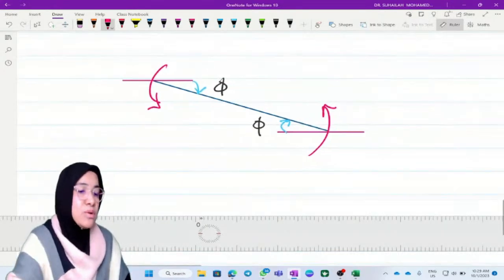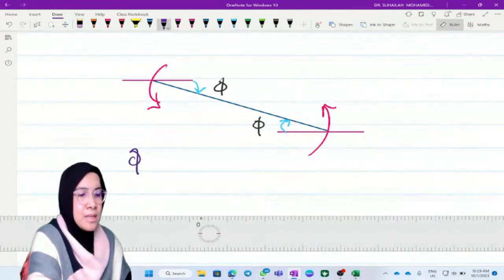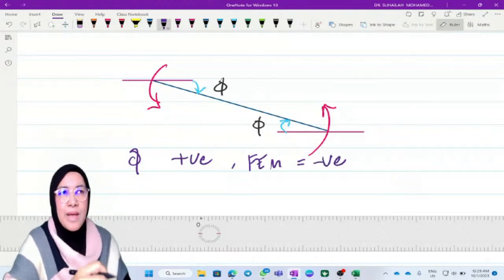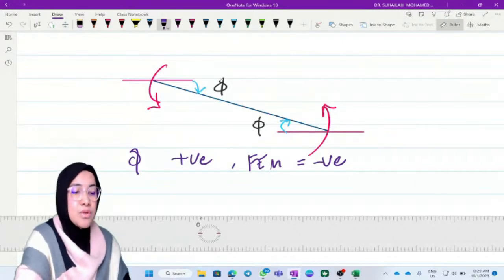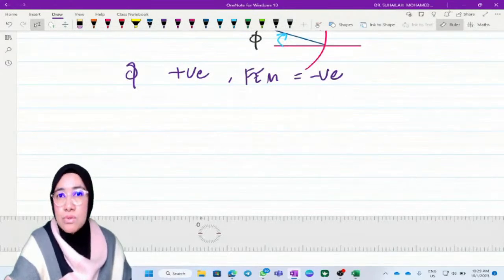So we can conclude that angle positive, FEM will be negative. Then we have to apply the formula to calculate FEM due to delta.